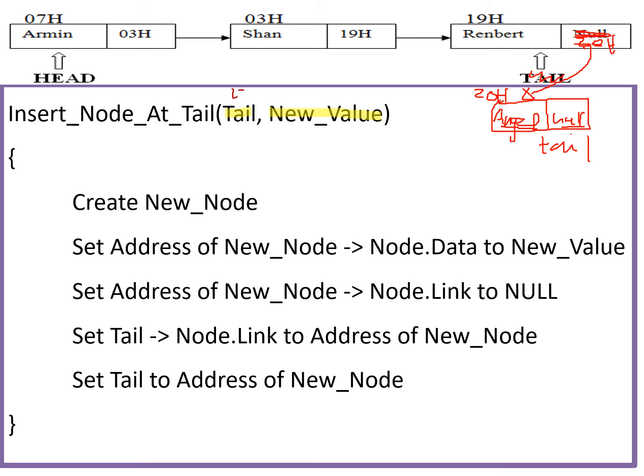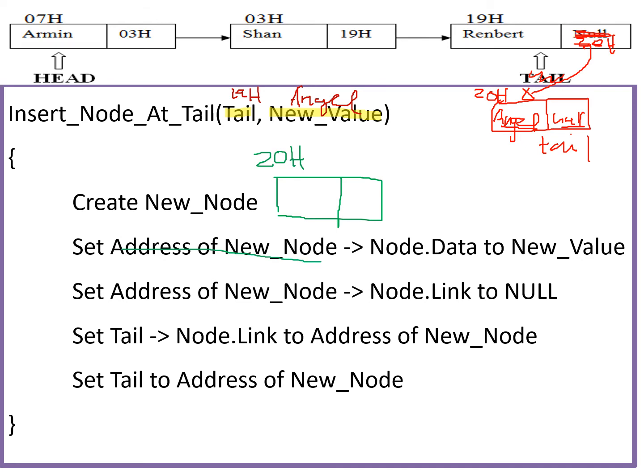Okay, tail is 19h. Currently, it is 19h. And then our new value, let us say angel. So, same process. We're going to create a new node. Let us say the address is 20h.